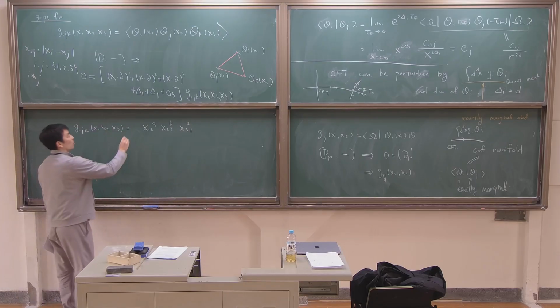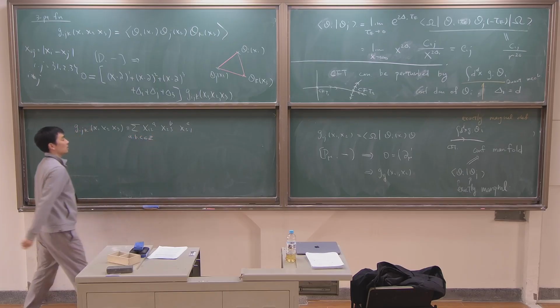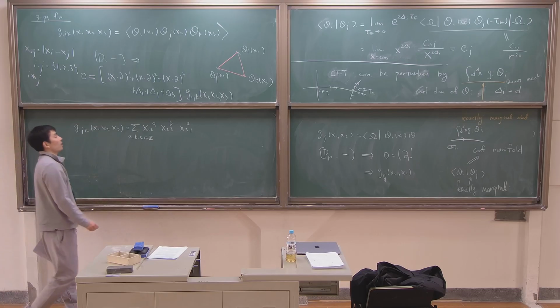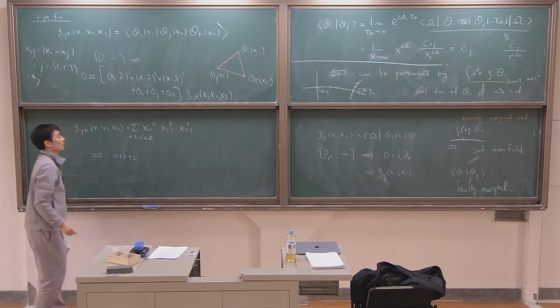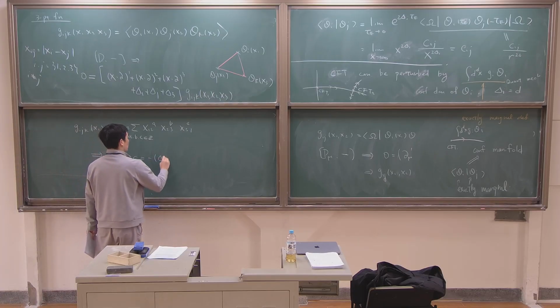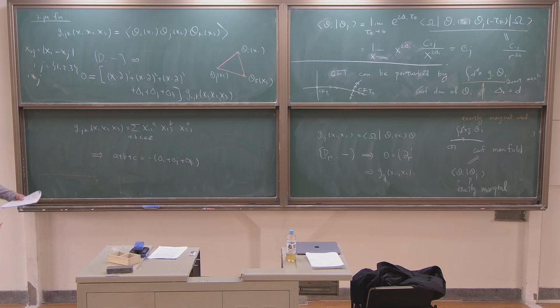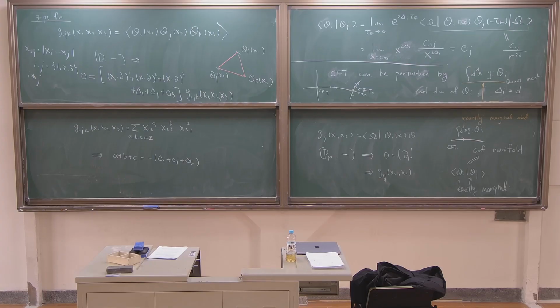If you write down all possible combinations, where a, b, c are some integer powers, which let's assume is polynomial, then from this relation what you get is a plus b plus c is equal to minus delta_I plus delta_J plus delta_K. That's what you need to get from this construction.